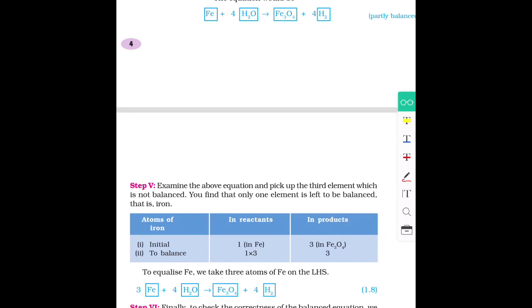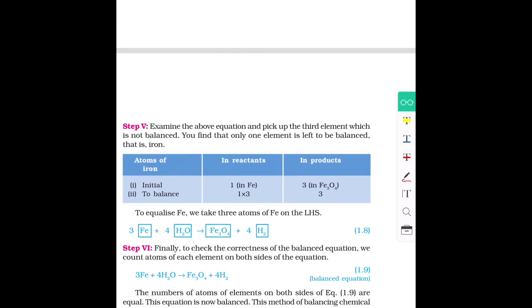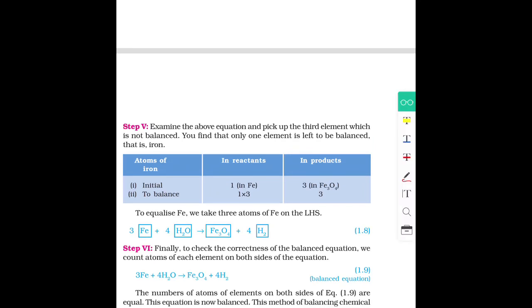There is 1 in Fe and 3 in Fe3O4. To balance, we multiply by 3 on the reactant side, so as to take 3 atoms of Fe on the LHS. The equation becomes 3Fe plus 4H2O gives Fe3O4 plus 4H2.